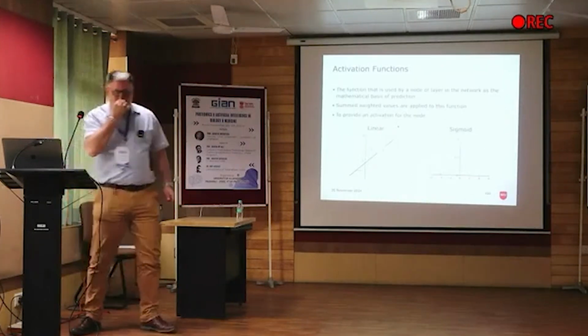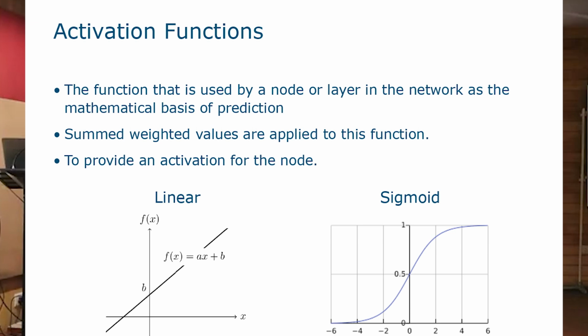If we look at these activation functions here, if the value's low, the output's low, and it would just linearly relate. So that's a linear activation function. That has the potential to go to infinity and to minus infinity.